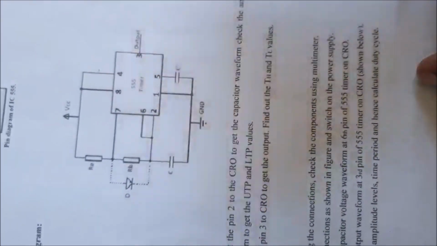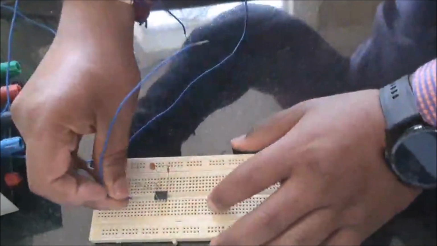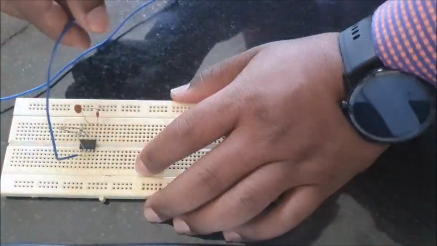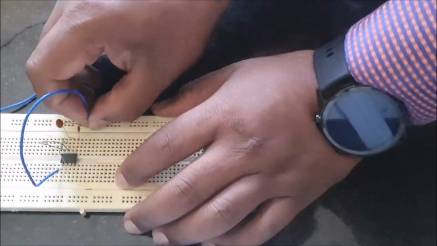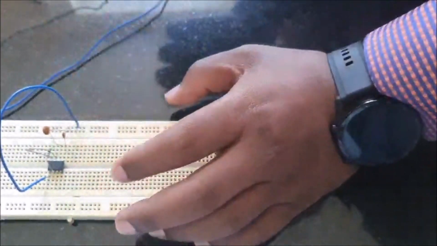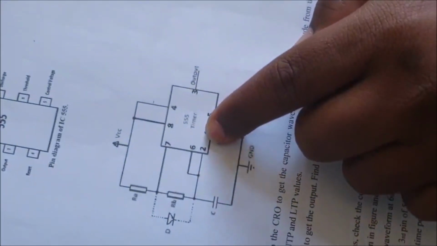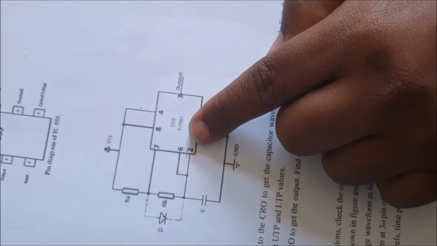Now we will make this connection. I will take up one wire. One end is connected to the 1st pin of the 555 timer IC, another end is connected to the ground pin. See here, another end is connected to ground. Next, from the circuit you can see that 2 and 6 are shorted, which means I will take one wire.